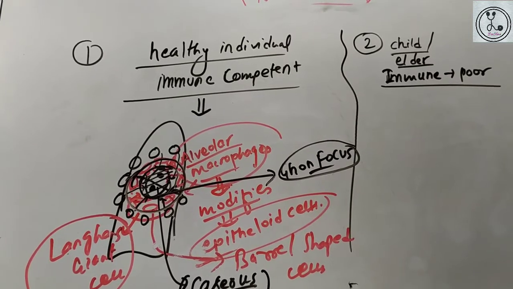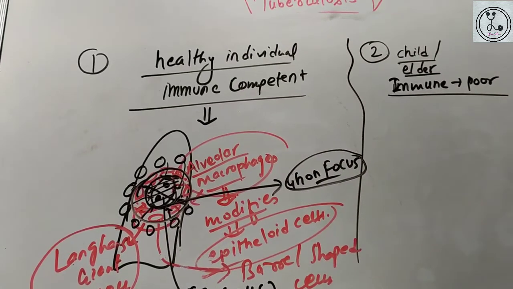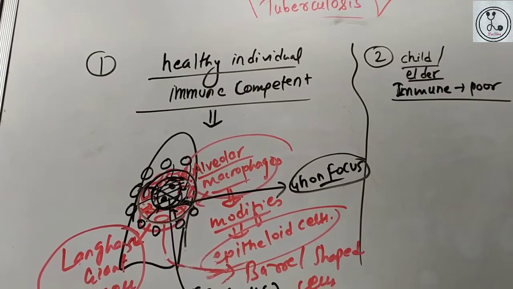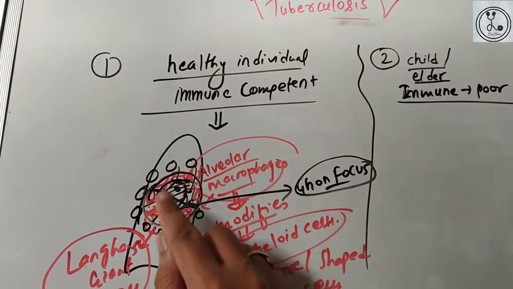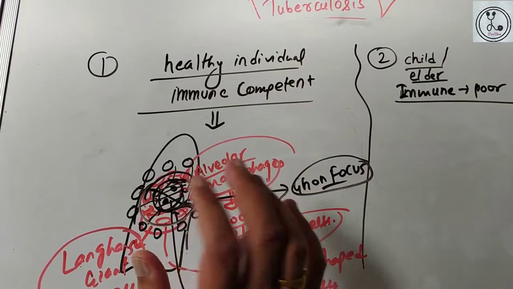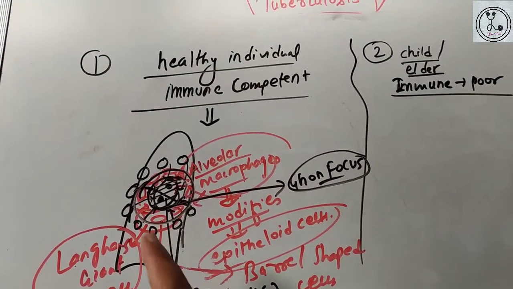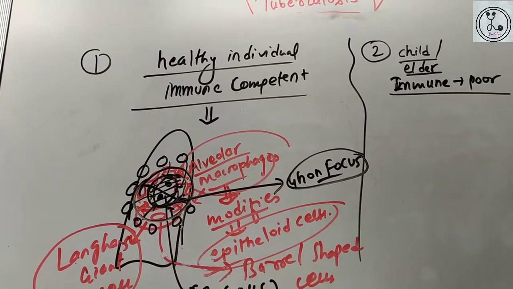Now, once the ghon focus is formed, the area where the bacteria was landed was actually necrosed, and in that area a cavity was formed, and the bacteria is somehow killed, and somehow some bacteria still remain there.